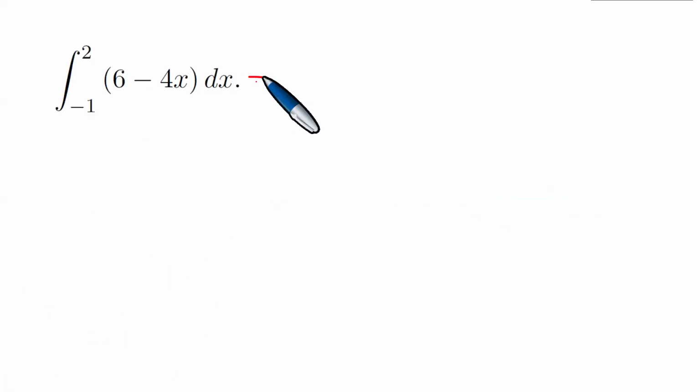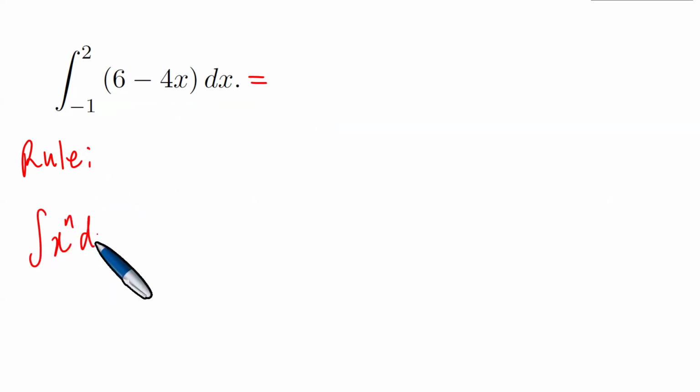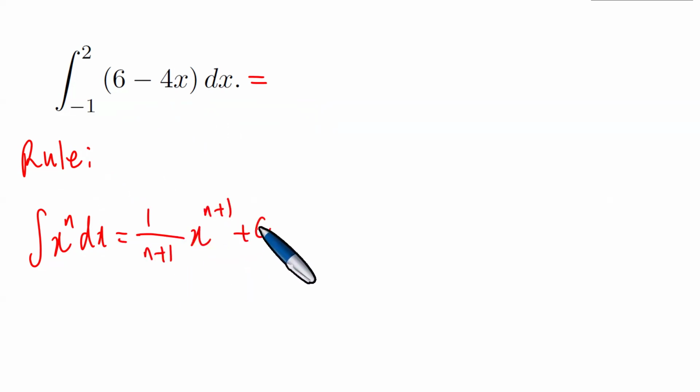How to evaluate this definite integral? There is a rule that we're going to use. This rule says that the integral of x to the power n dx is 1 over n plus 1 times x to the power n plus 1, plus c, under one condition: that n is different from minus 1.